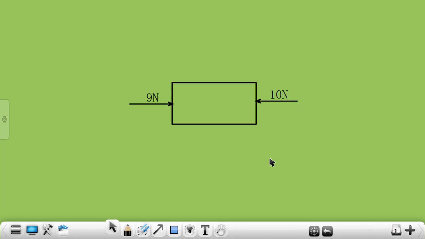But net forces should not ever be less than 0. So for example, this object, it has unbalanced forces acting upon it, and it's accelerating 1 newton to the left. And if an object is balanced, it is either at rest or moving at a constant speed.